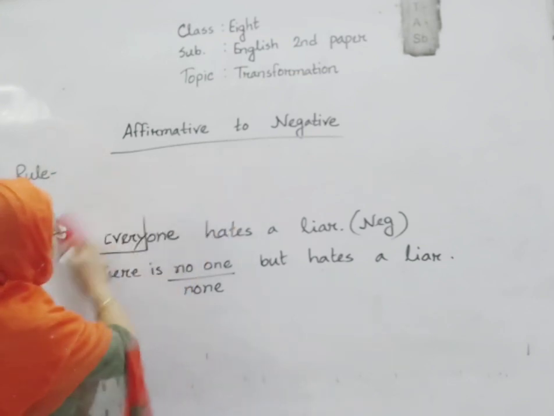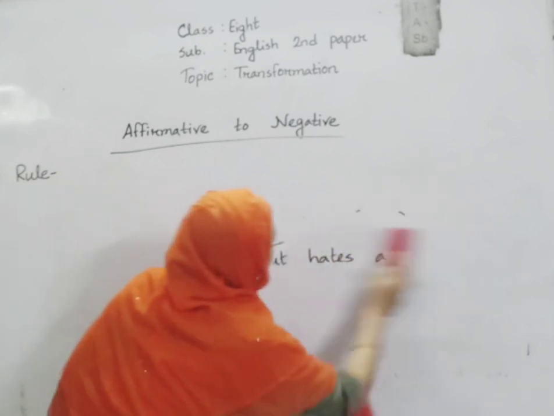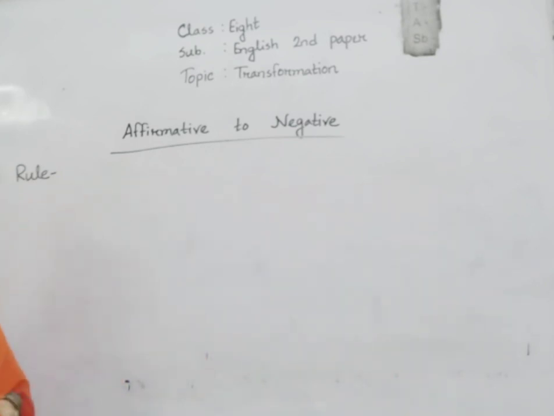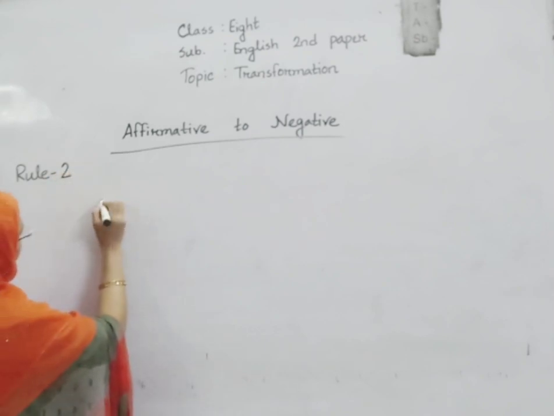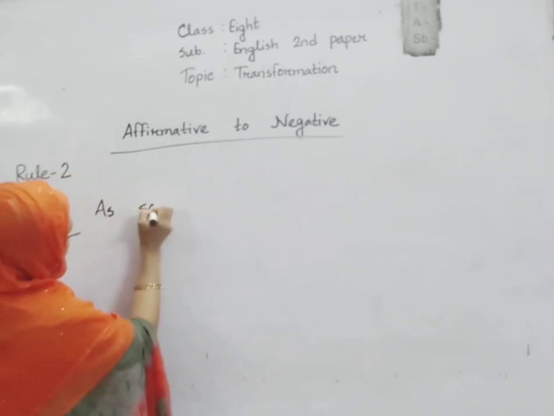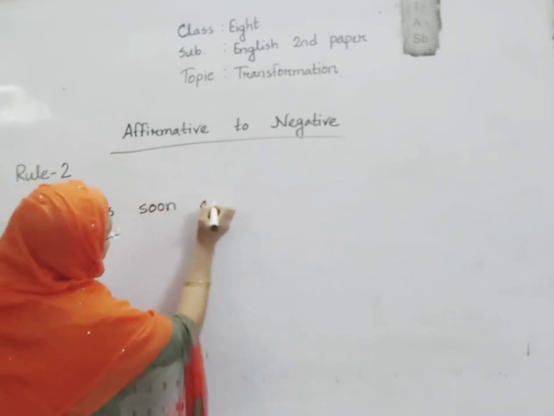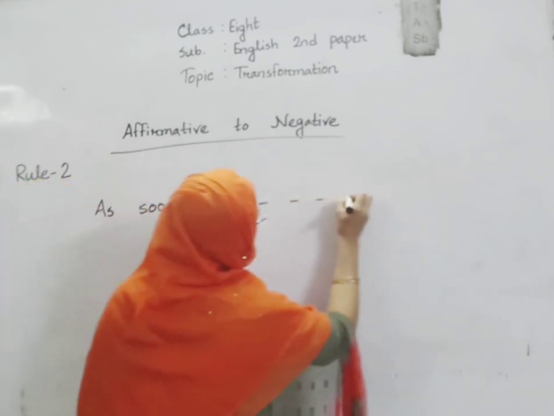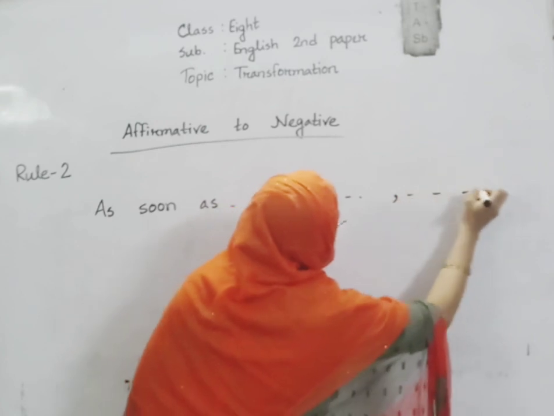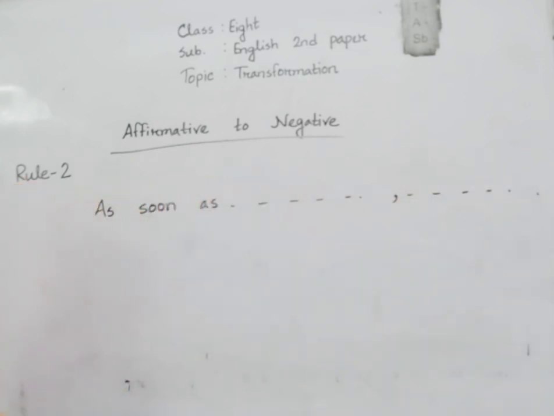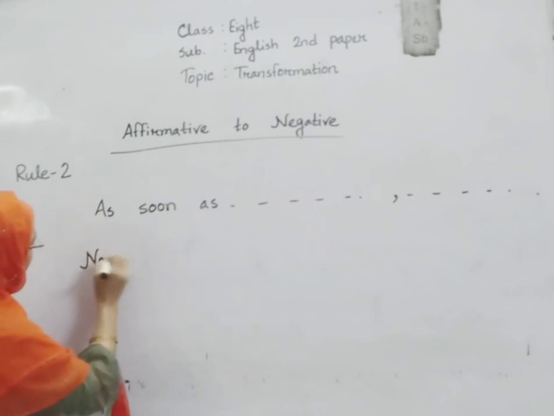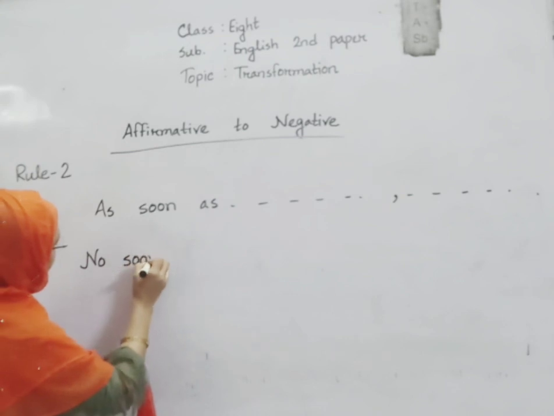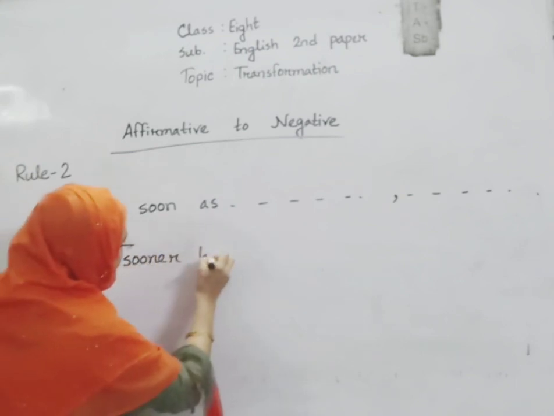Rule number 2. As soon as dot dot, then comma, then dot dot. For as soon as, we have to take no sooner had.